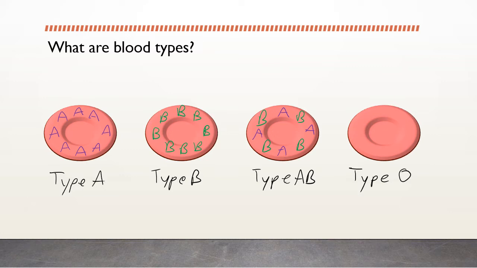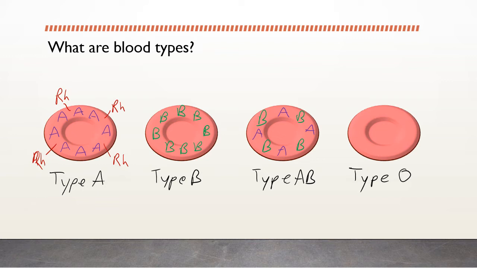Well, we got along fine with just type A and type B for a little while, but then people started noticing that there was still some incompatibility among blood types, and they wanted to know what else might be out there. And in fact, there is a third blood antigen, which is dubbed RH because it was discovered in the rhesus monkey, which is spelled R-H-E-S-U-S, rhesus.